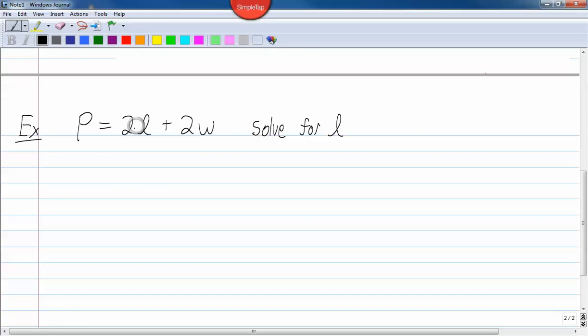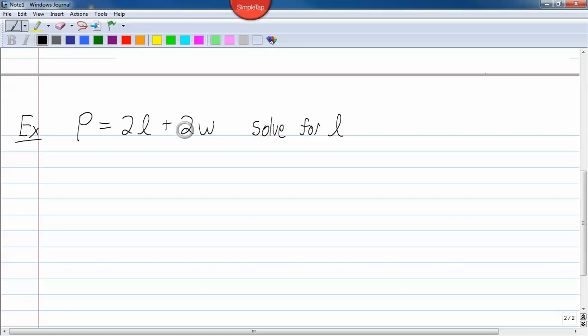So if there's any other terms on the same side as the L term, we need to move them to the other side of the equation. There is another term, right? Here's a plus 2W. So let's take this plus 2W and move it to the other side of the equation so that we can get the L term by itself.